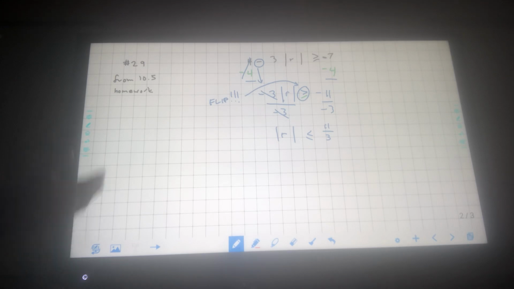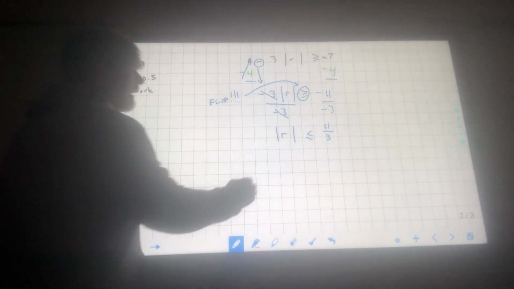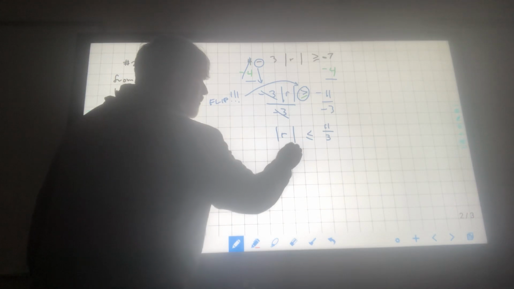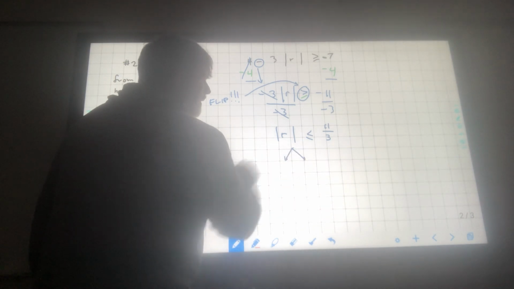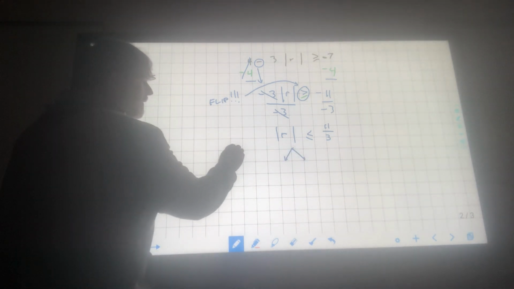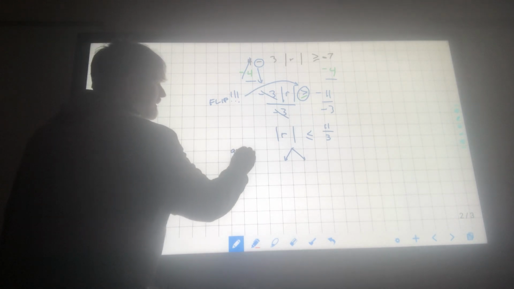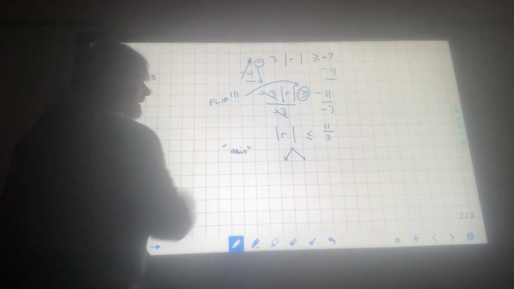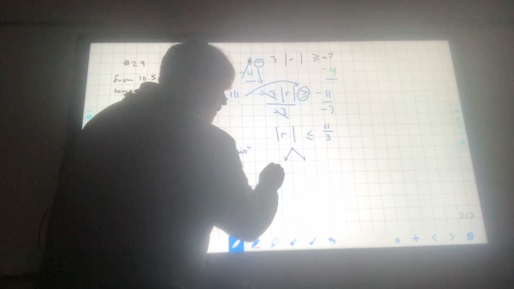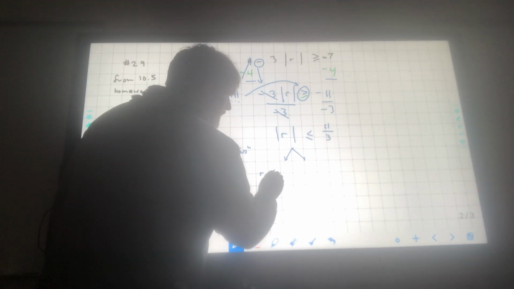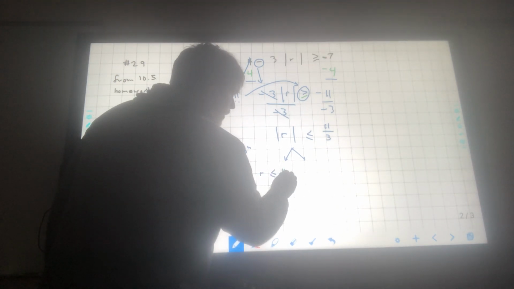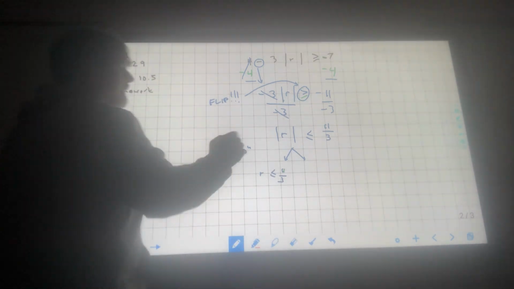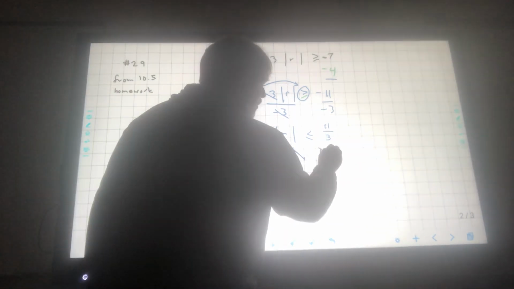All right, now I have to do this twice. The first time through, we do it as is. So r is less than or equal to 11/3. Second time, we do a double flip.